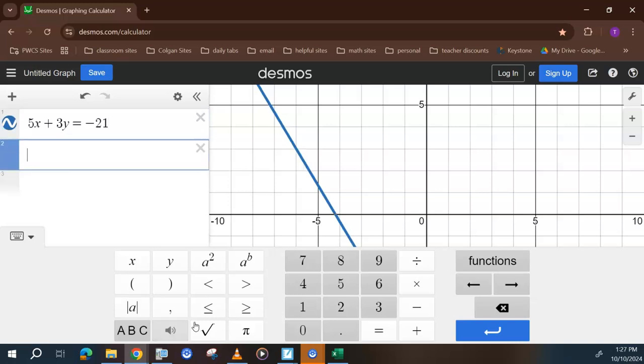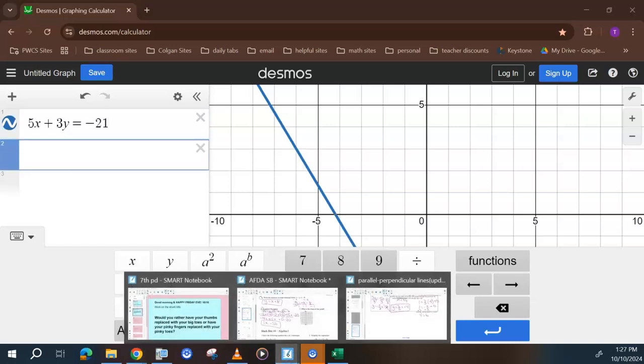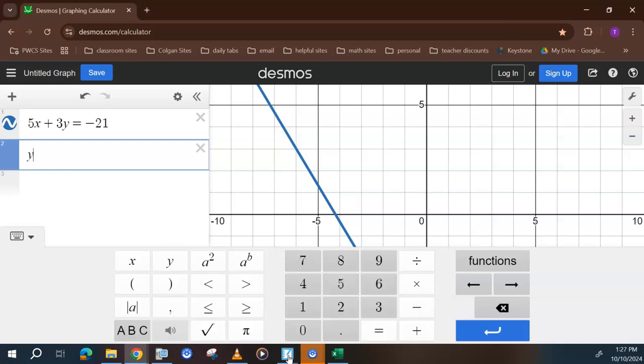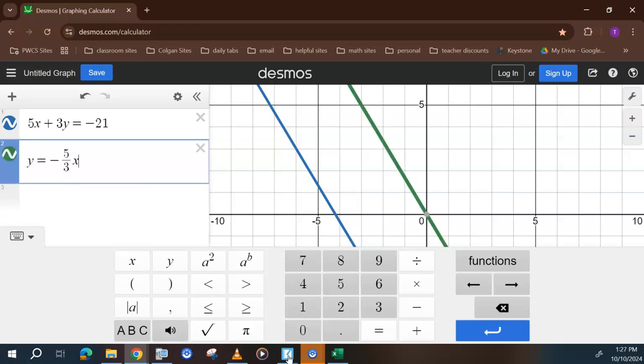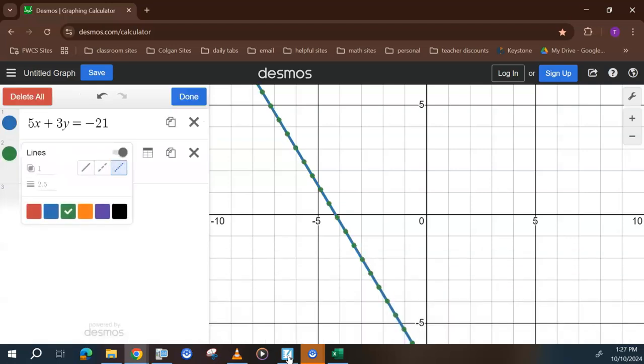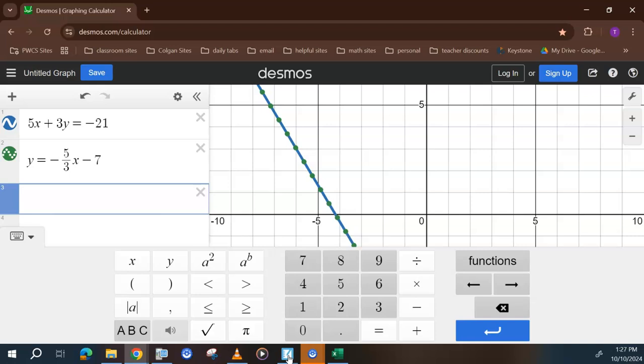Then I'm going to make sure the equation that we solved was the right one by putting that in. They should overlap. So that was y equals negative 5/3 x minus 7. So that happened really quickly, but they should overlap. Then I'm going to put in the point that was given, so negative 5, 1.